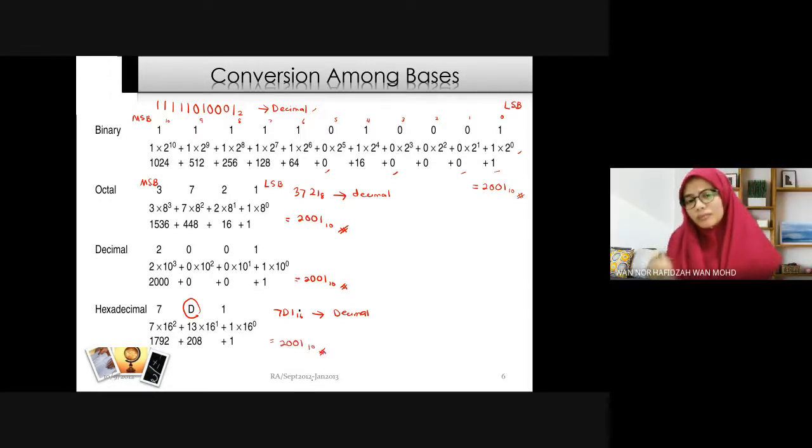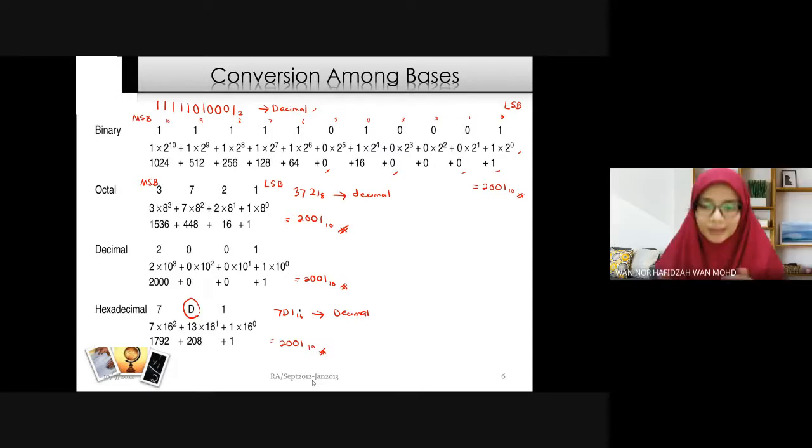So basically what we want to show you is that the conversion from any basis into decimal has the same method and the same pattern. Boleh nampak tak the method or the pattern?